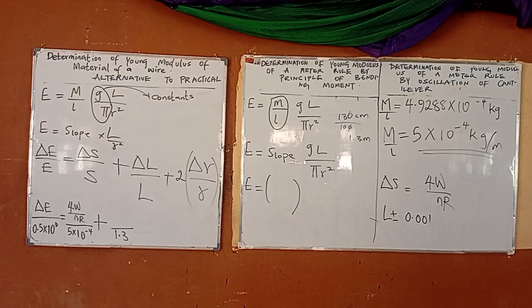Listen, I said wire, ball, all those round things. To get the measurement, you do it with micrometer screw gauge, not vernier scale.